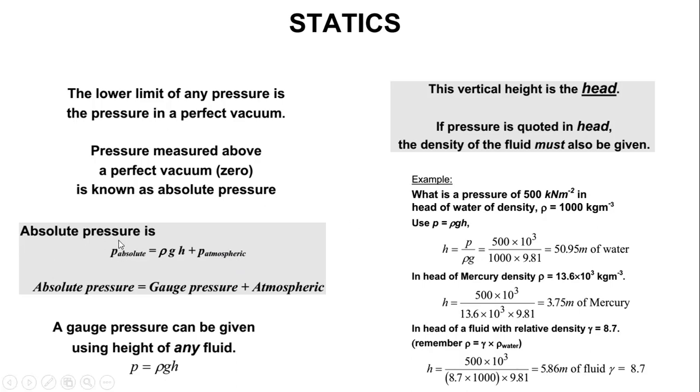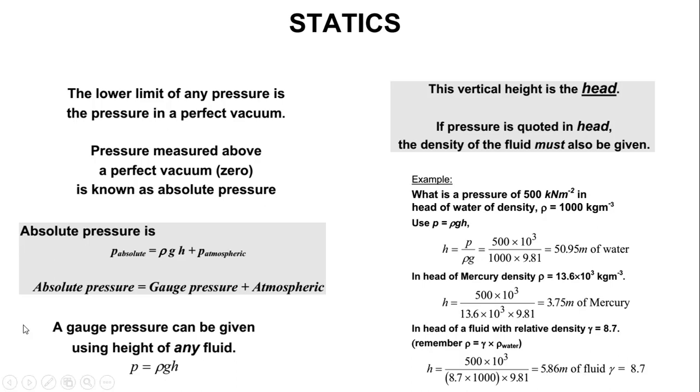If you're asked to calculate absolute pressure, you need to include atmospheric pressure. However, most of the time the question that comes is they are always asking for gauge pressure. So gauge pressure, put in mind that it is rho gh, and atmospheric pressure is usually a datum, meaning we usually take it to be equal to 0.